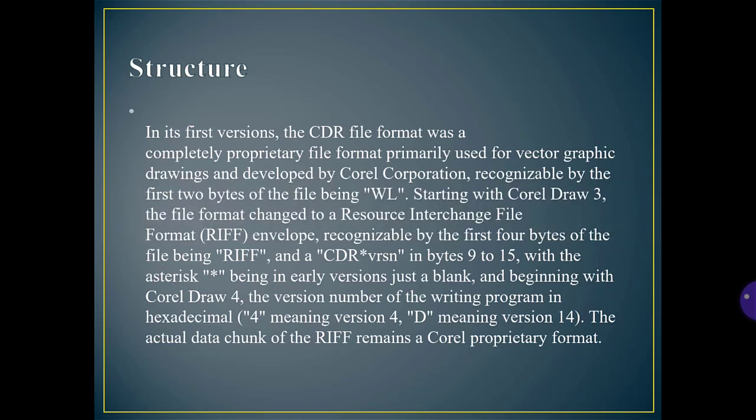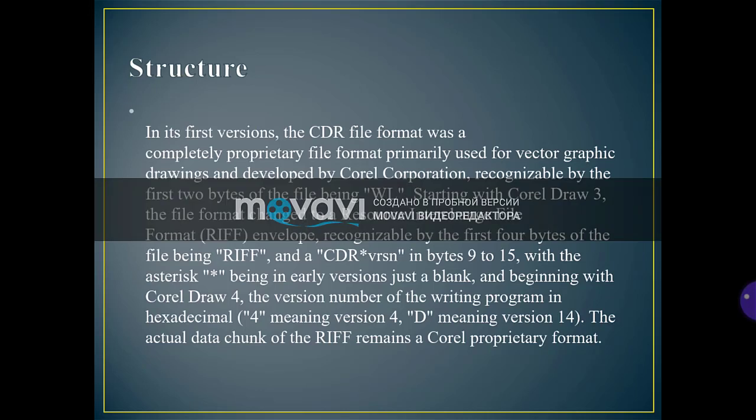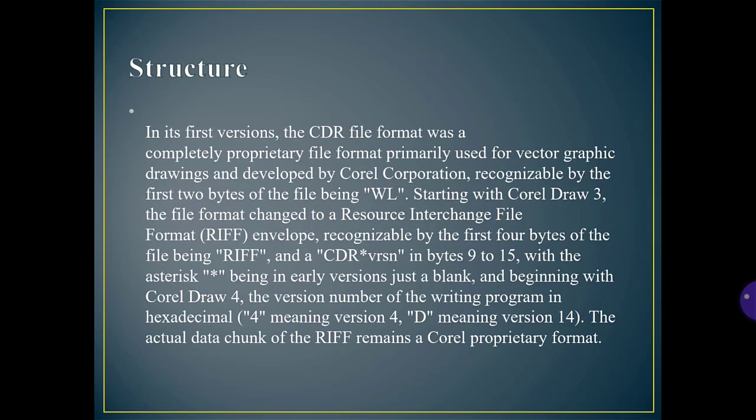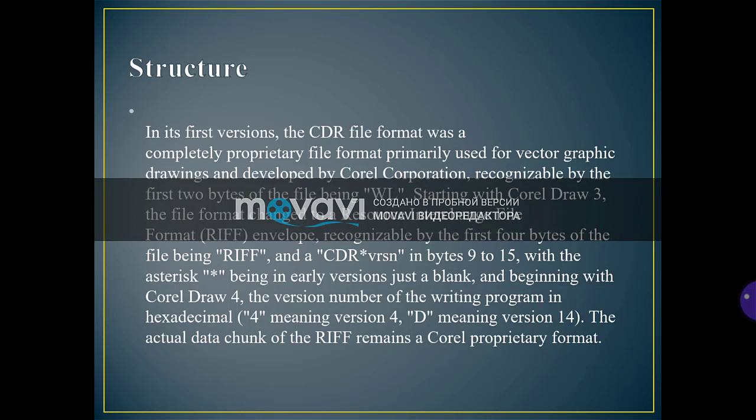Starting with CorelDRAW 3, the file format changed to a resource interchange file format envelope, recognizable by the first 4 bytes of the file being RIFF and the CDR in bytes 9 to 15, with the asterisk being in early versions just a blank, and beginning with CorelDRAW 4, the version number of the writing program in hexadecimal.